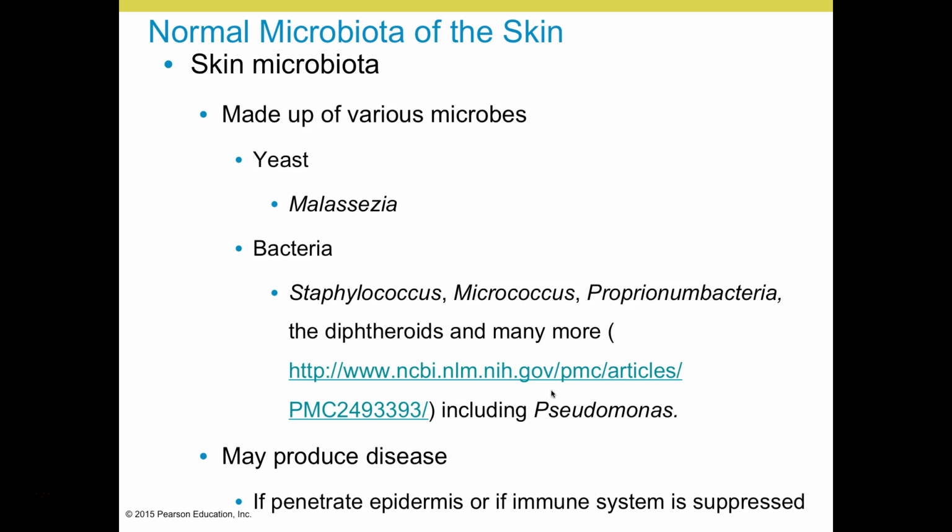Some of the microbes you find in the normal microbiota are yeasts, and also some bacteria known as the staph, micrococcus, and the propionibacteria, and many more. They may produce disease if they do penetrate the epidermis, or again, if your immune system is suppressed.